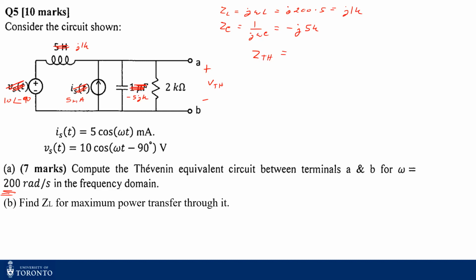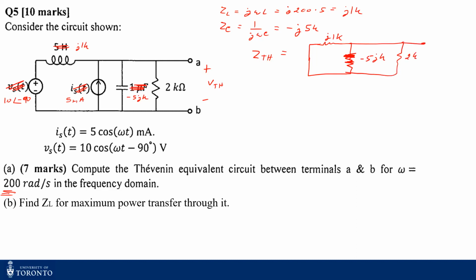So I will just have this j1k, and this capacitor, which I can also consider as an impedance, minus j5k, and 2k.